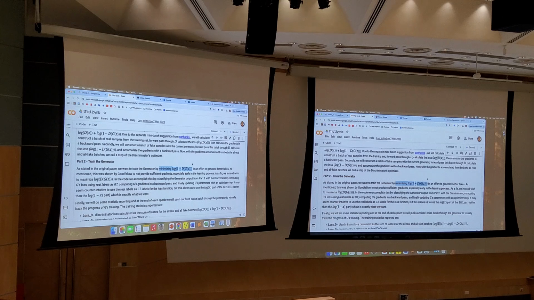So they proposed an alternative way to train the generator. Instead of minimizing this term, we will maximize this term instead. Both would work, but this would work better.